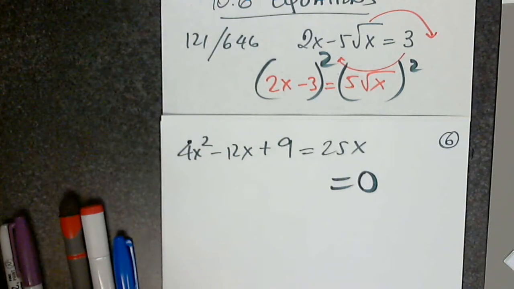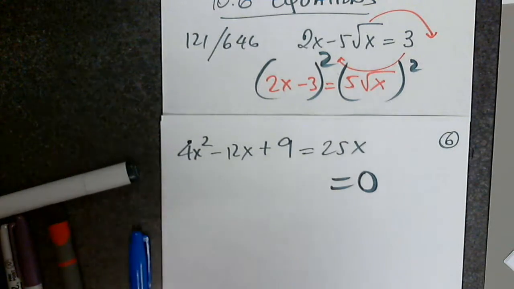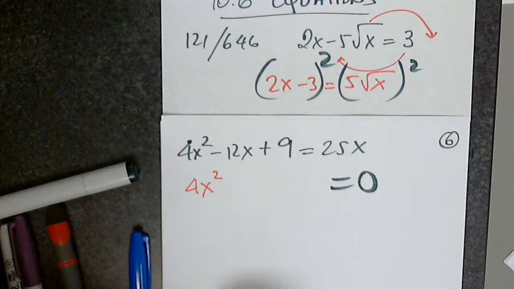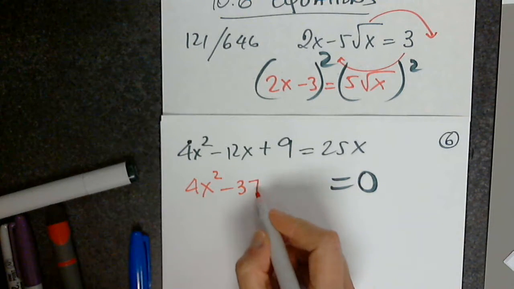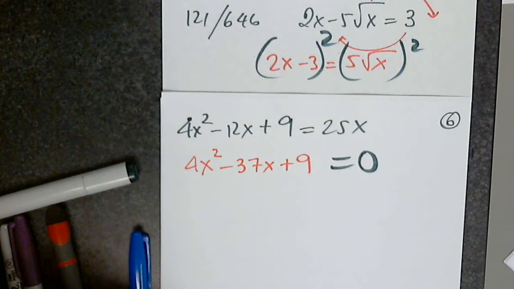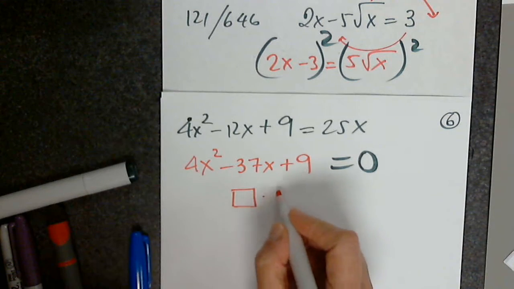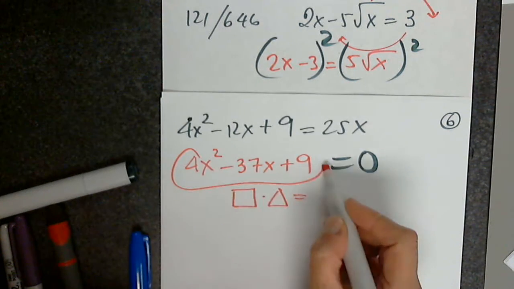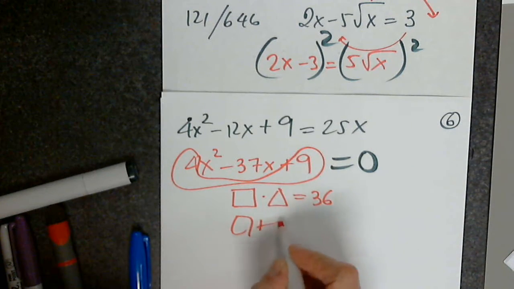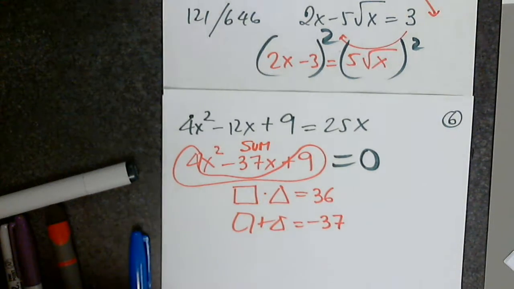Let me know what you get. I copy x squared. I'm sorry, not x squared, 4x squared. And then minus 37x indeed, and plus 9. Good. Because the leading coefficient is not 1, I'm looking for two numbers whose product is this, with the signs, 36, and whose sum is this.